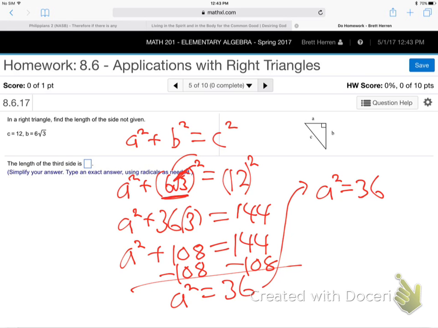What do we do now to make it a regular A? Root it. A is 6. We good on that one? Are we happy about that? Questions on that one? No questions? Good.